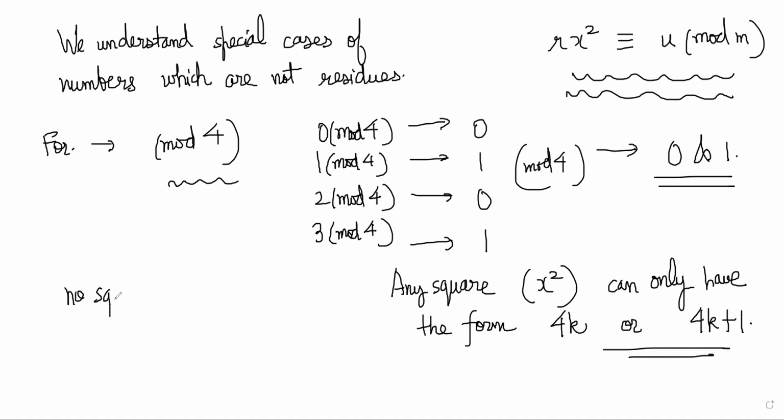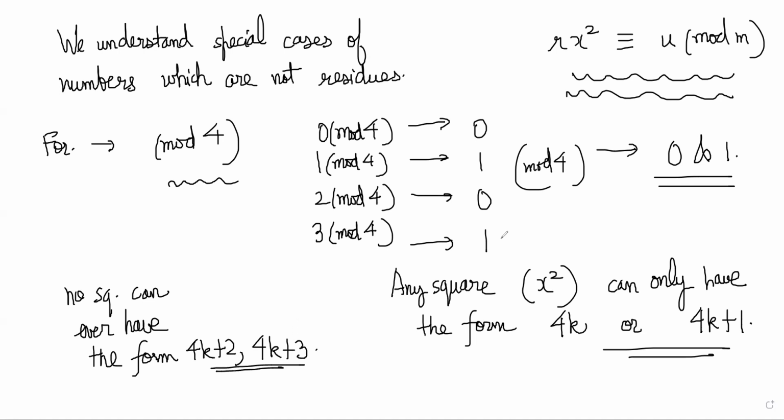No square can ever have the form 4k+2 or 4k+3, right? Because we know that anytime we square any integer, the only quadratic residues are 0 and 1. You will never get a 2 mod 4 or a 3 mod 4 when you square anything in modulo 4, right? So all squares will only have the form 4k or 4k+1. So that is an important fact that will be useful in certain problems.